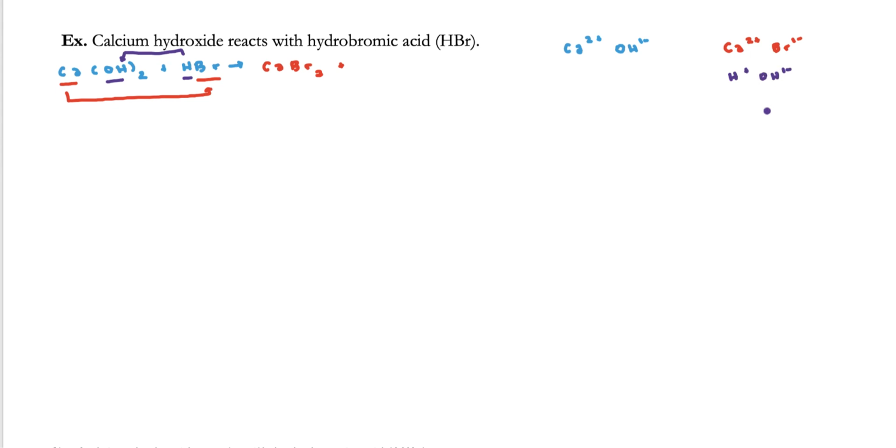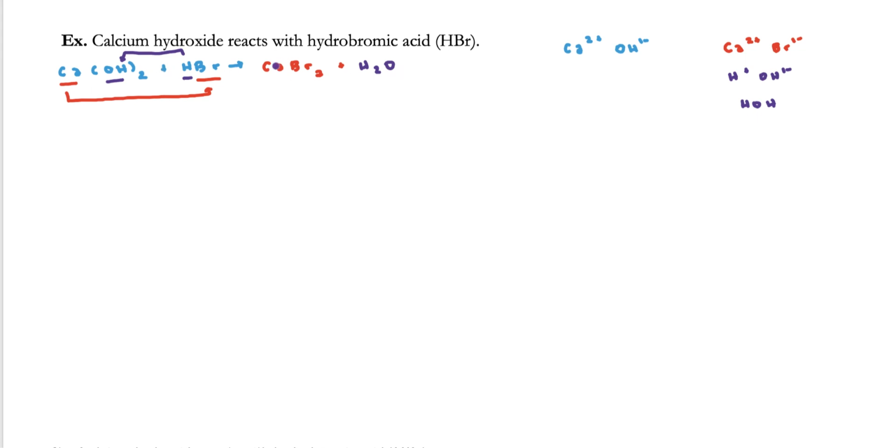So notice when you cross your charges, this would just give you HOH. Another way of saying HOH, and the correct way of saying it, is simply H2O. So when you have an acid and a base reacting together, you're going to form a salt. And remember, a salt is any ionic compound. It is not just NaCl and water.